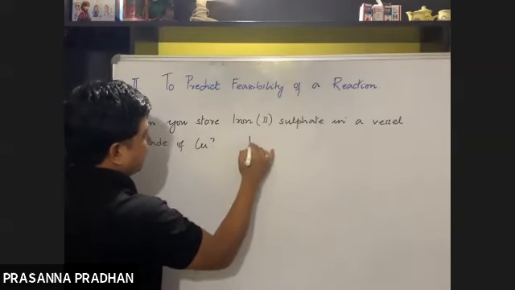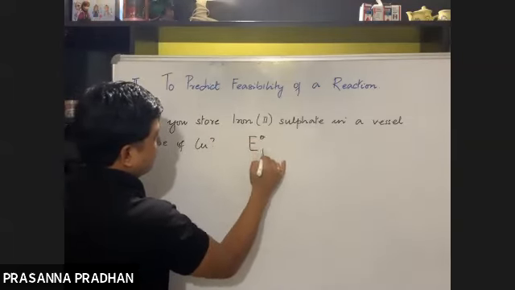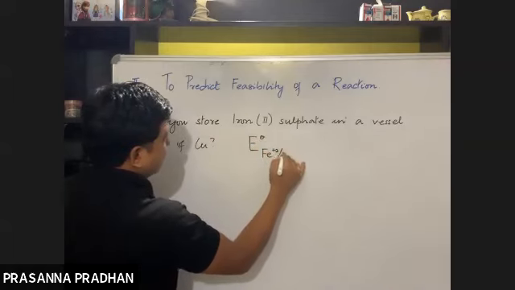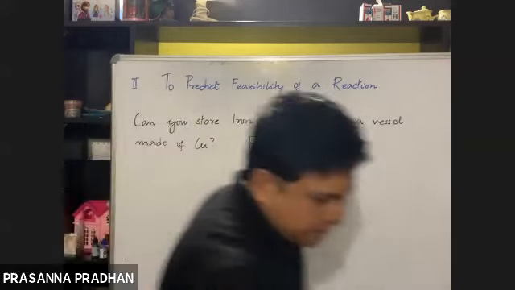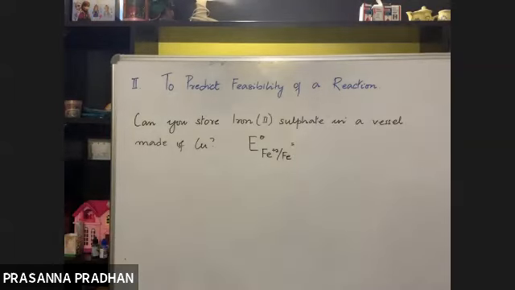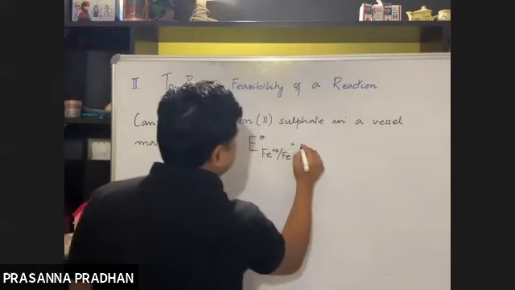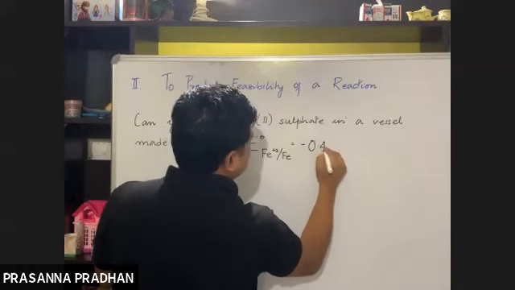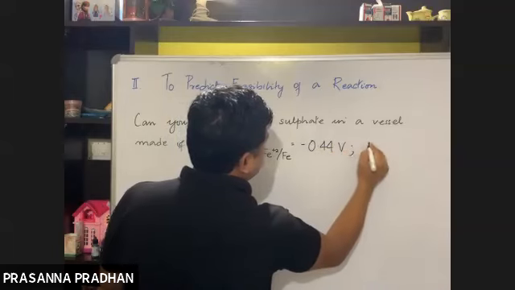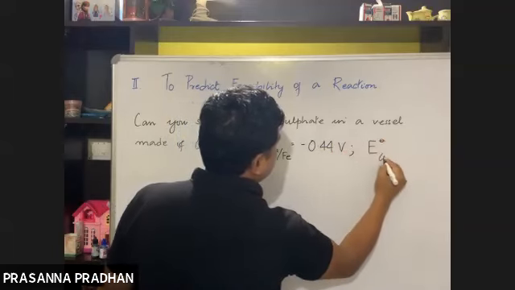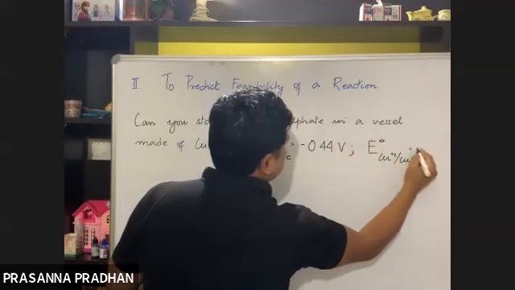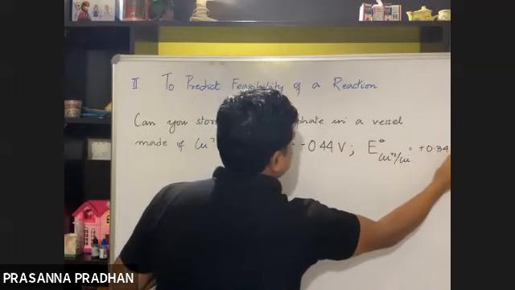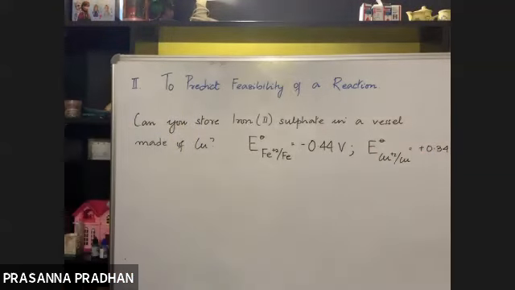It's given, no need to worry about these values. The reduction potential value of iron is given to be minus 0.44 volt, and the reduction potential value of copper electrode is plus 0.34 volt. So this is the question. Can you store ferrous sulfate in a vessel made of copper?